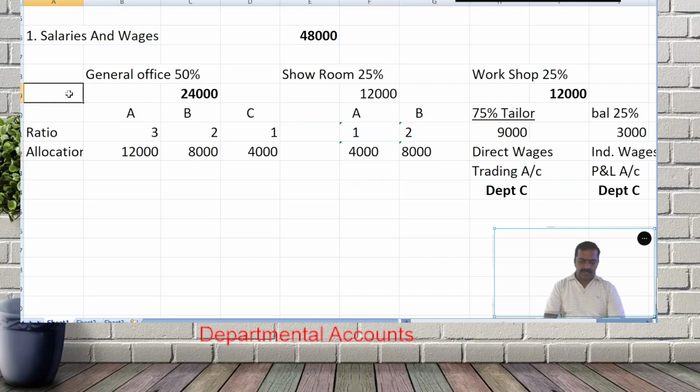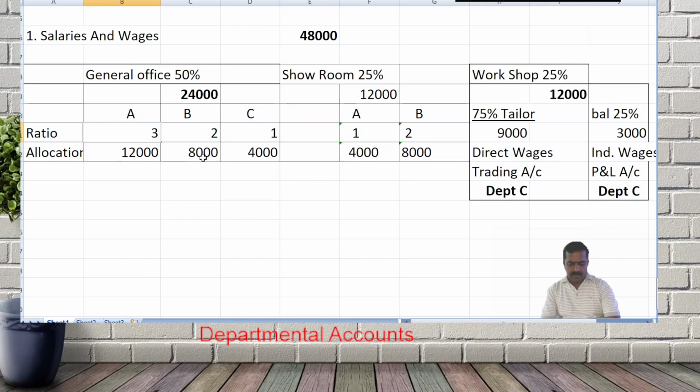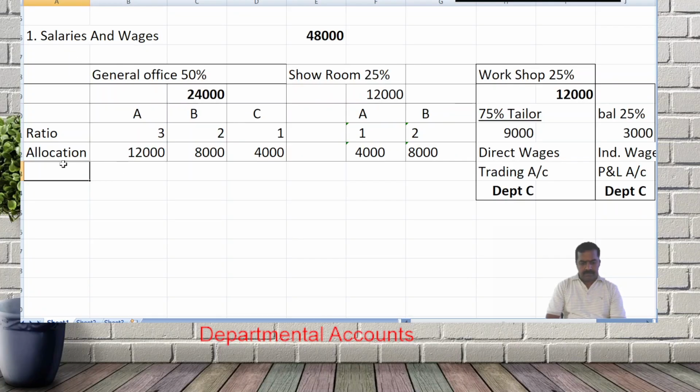So many allocations. So general office expenses are allocated amongst A, B, C in which ratio? 3:2:1 ratio. Showroom expenses are allocated in the ratio of 1:2 between A and B.